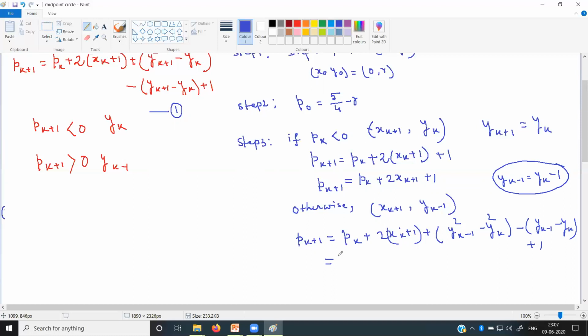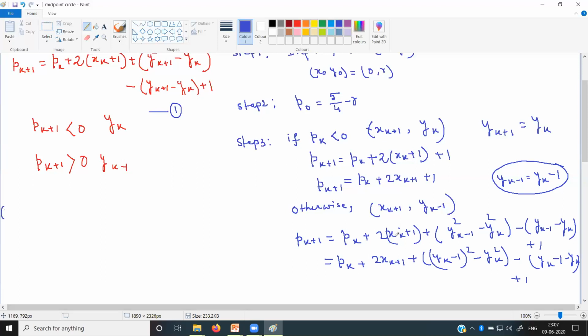By replacing all, I can get 2 of xk plus 1, that means xk plus 1, with the value of xk I am adding plus 1, so the x value for k plus 1 is the iteration. So I can write plus y of k minus 1 whole square minus yk square minus yk minus 1 minus yk and then plus 1.